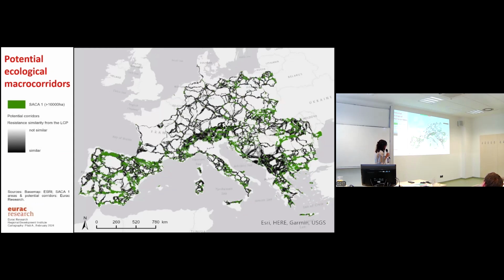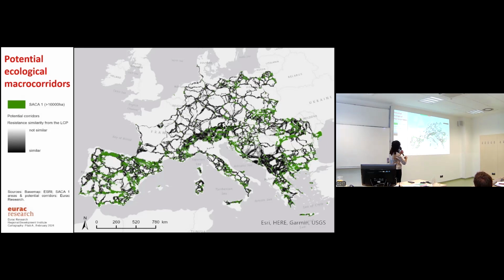As you can see, it is quite a complex network, and it has a lot of corridors. There are 1,600 corridors, and here it shows the different resistances.